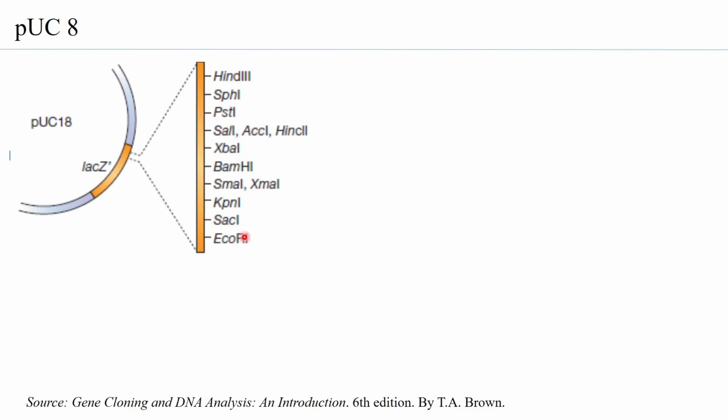And in this, what is also possible is that you could use two restriction endonucleases to create two different sticky ends.